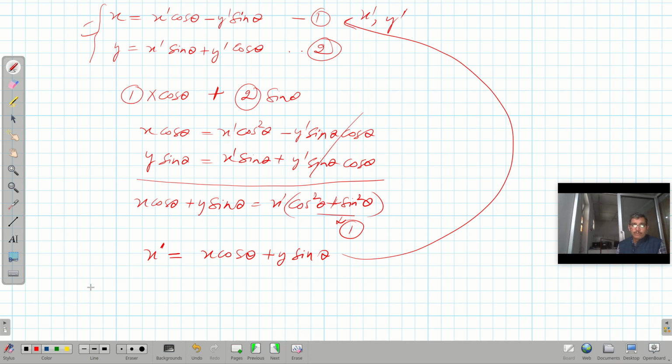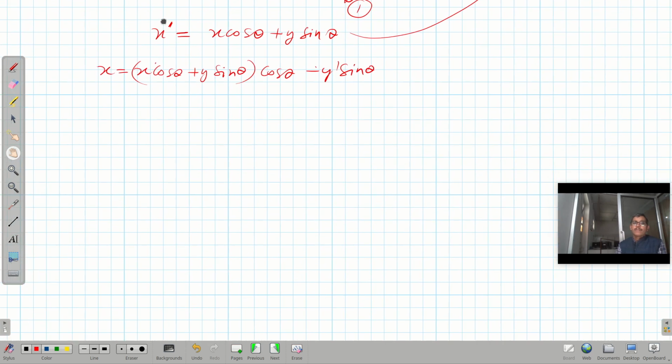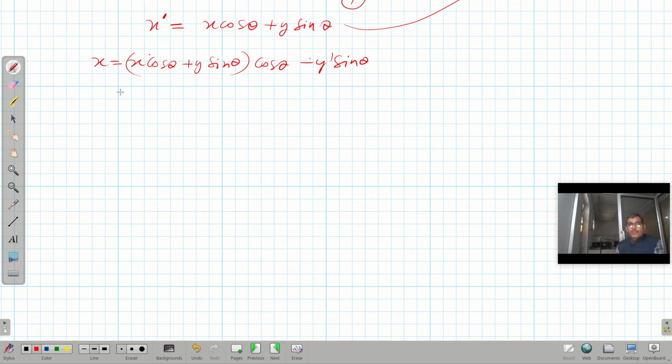So what will equation number 1 become? x is equal to (x cos of theta plus y sine theta) into cos of theta, means I just put this value here, and minus y prime sine of theta.